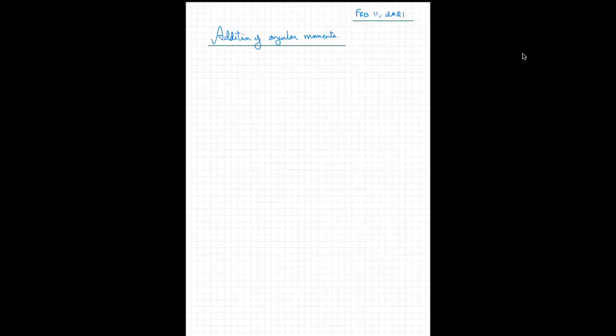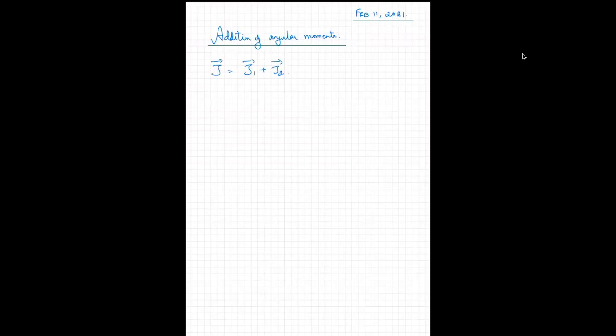Let us remind ourselves that J1 and J2, being angular momenta, satisfy the usual commutation relations that angular momentum generators satisfy. Before we begin, let us collect all the information that we do know.